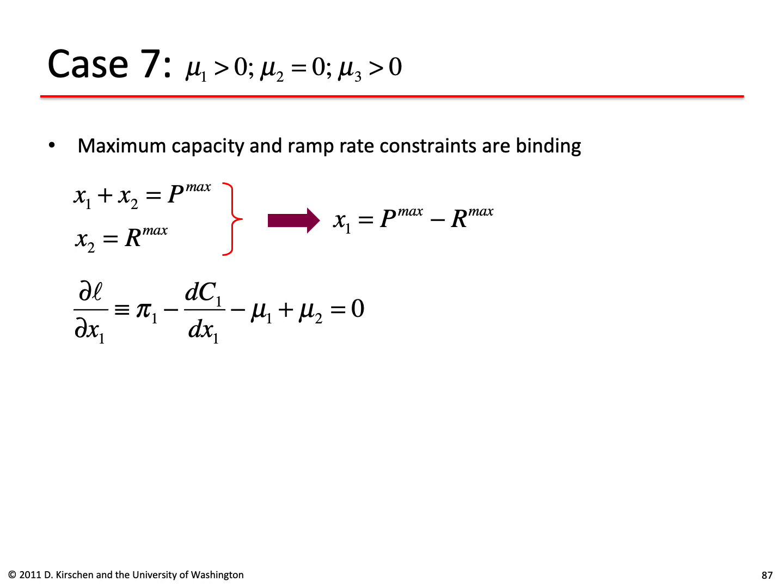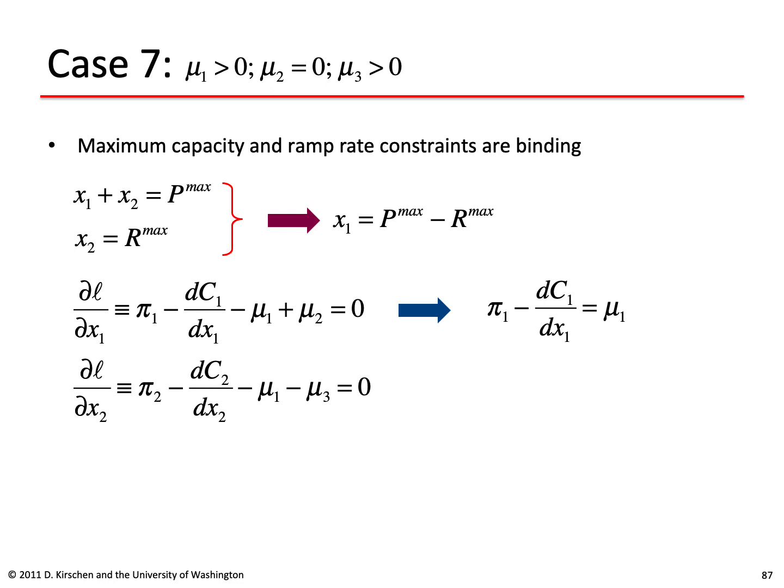Going to the optimality conditions, if we insert mu2 equals 0 in the first one, we get that pi1 minus dc1 over dx1 equals mu1. Therefore, there's going to be a profit on the sale of energy. In the second one, we get pi2 minus dc2 over dx2 equals mu1 plus mu3, which is positive.